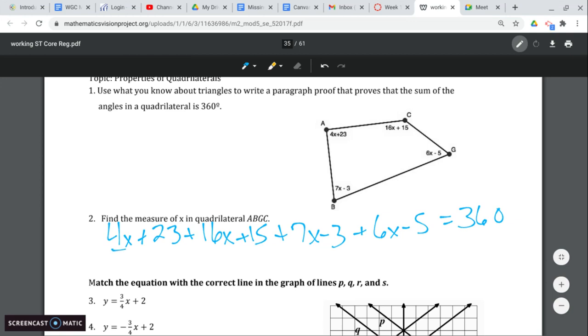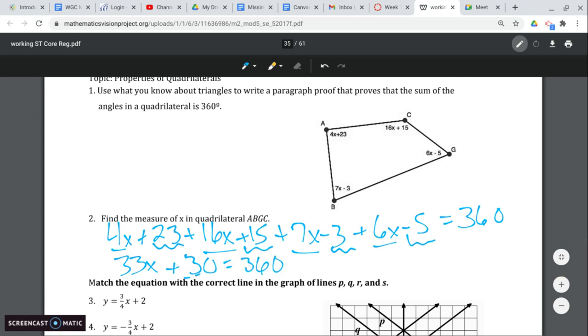We've got 4x plus 16x plus 7x plus 6x, which is going to give us 33x. Then we look at our constants. We have 23 plus 15 minus 3 minus 5, which is going to give us 30. So 33x plus 30 equals 360.